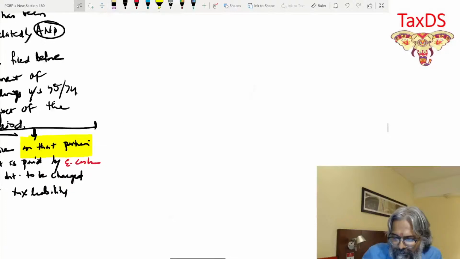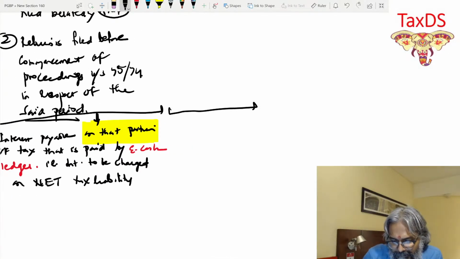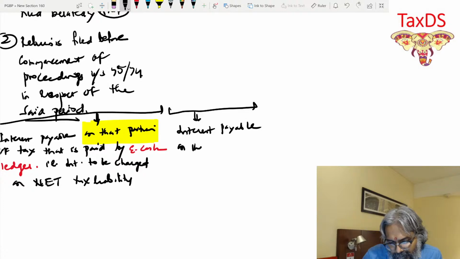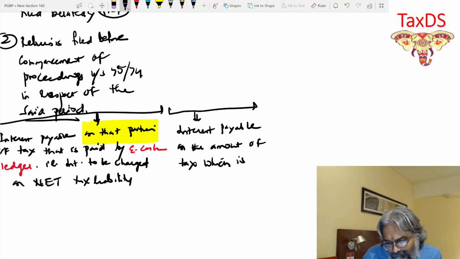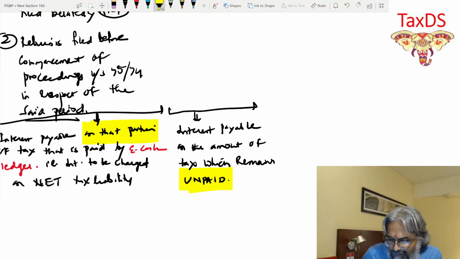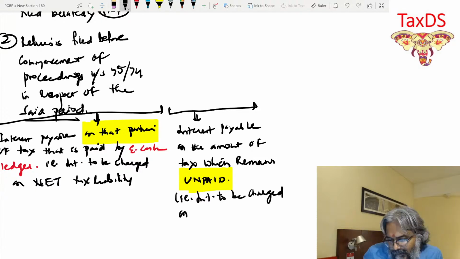What about any other situation, students? For any other situation, the interest is payable on the amount of tax which remains unpaid, which means interest is to be charged on gross tax liability.